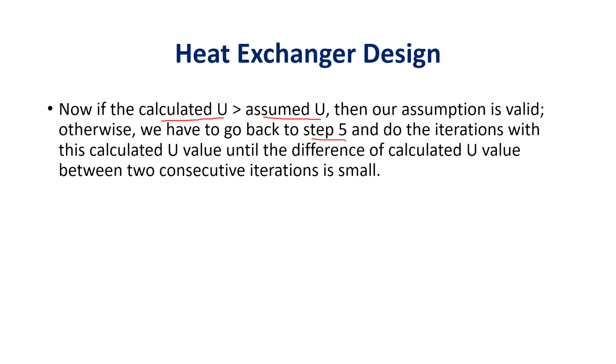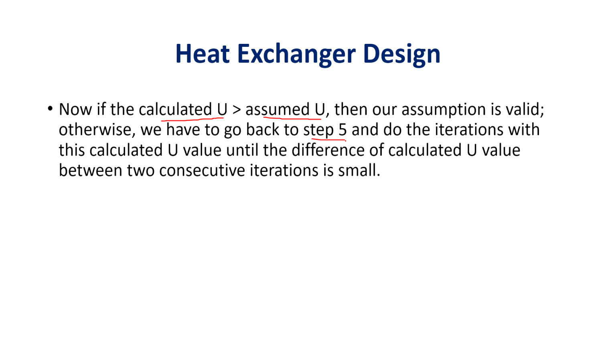So this is all about the heat exchanger design. You first start with calculating the heat duty of the heat exchanger. Then we know that Q equals U into A into the temperature difference. The mean temperature difference delta Tm equals LMTD into the correction factor Ft.